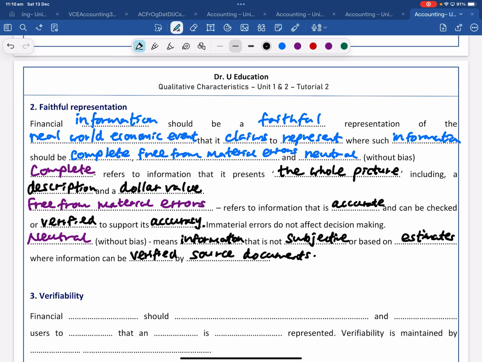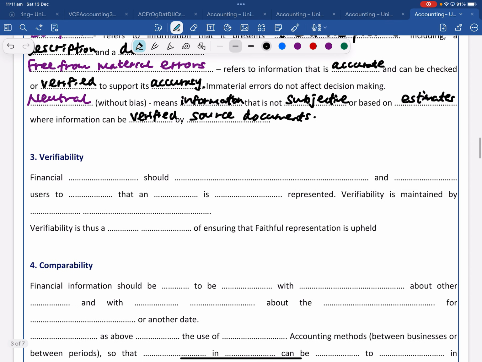Let's write the other one, guys. Verifiability.